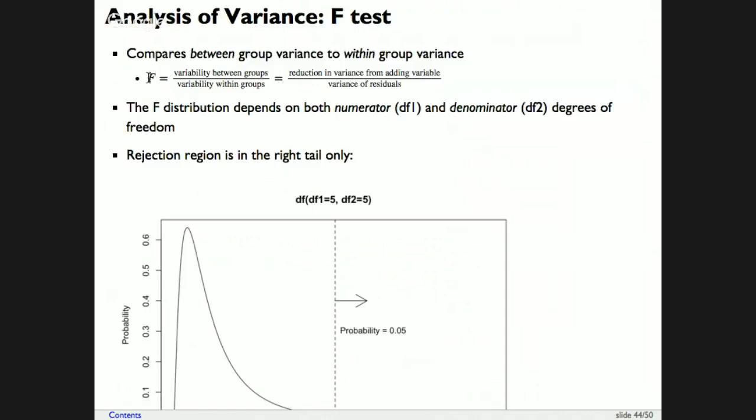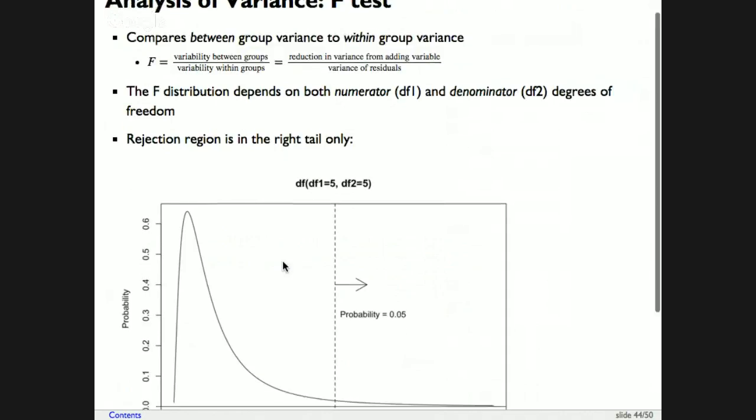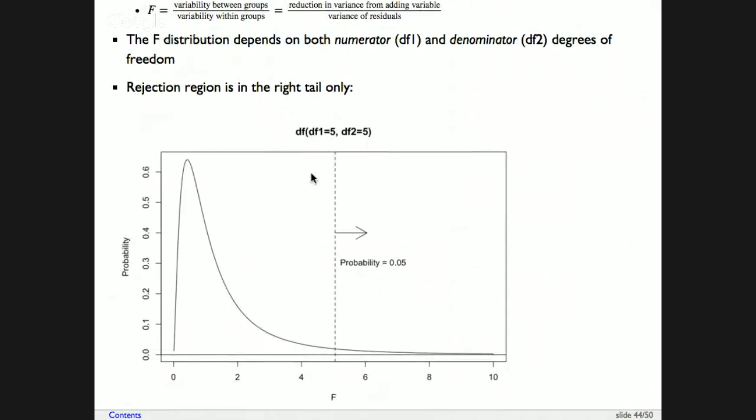So if the assumptions of the F-test are met, that is normality, homoscedasticity, and independence of the observations, then that ratio will be distributed according to an F distribution. And this distribution, here is just one example. It has not just 1 degrees of freedom. You remember the T distribution, normal, there's just the mean and the standard deviation.